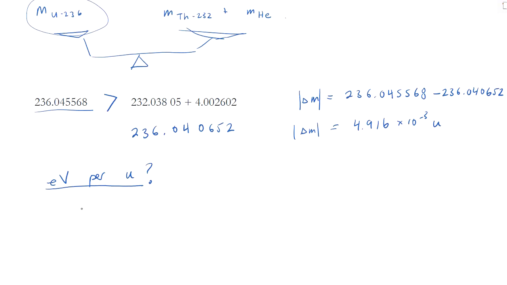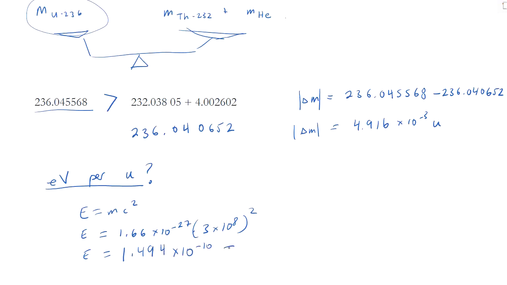So we'll use E equals mc squared, and we'll put in 1 atomic mass unit. And this will give us the energy of 1 atomic mass unit in joules. That number is 1.494 times 10 to the negative 10.